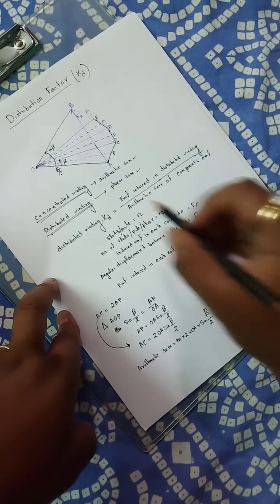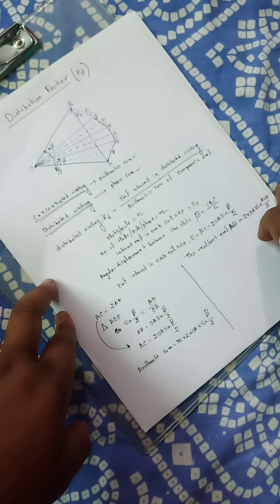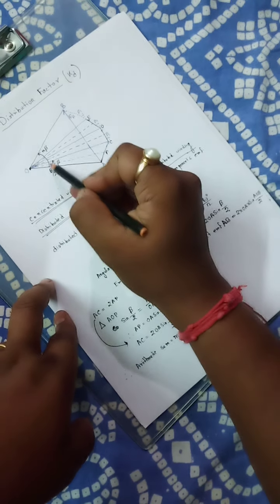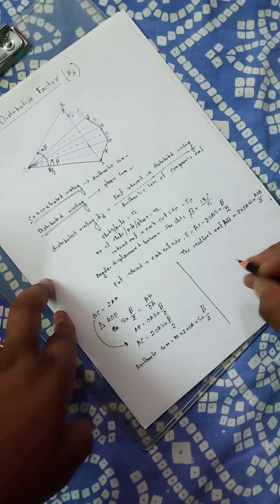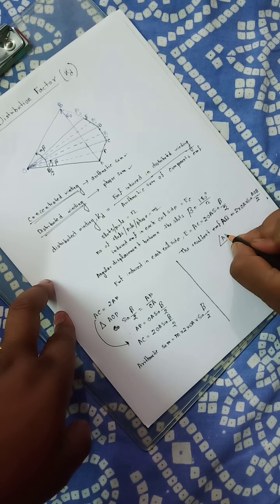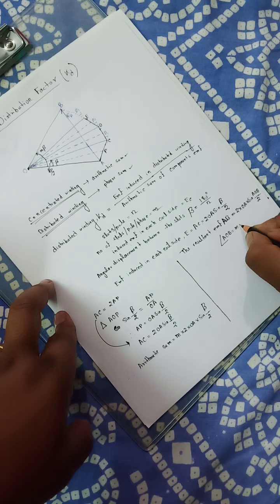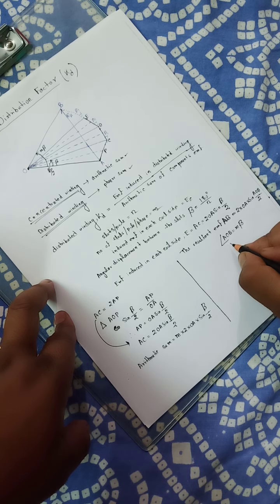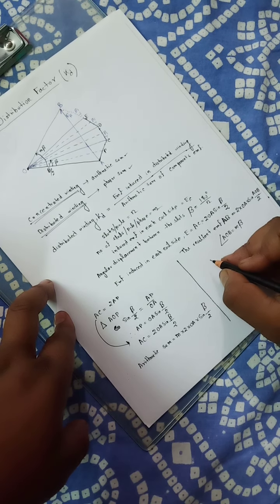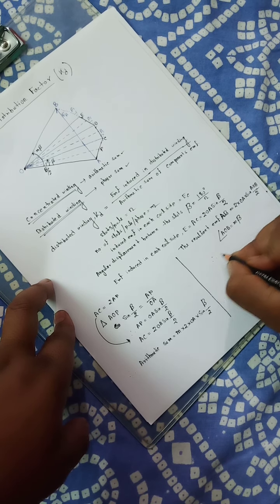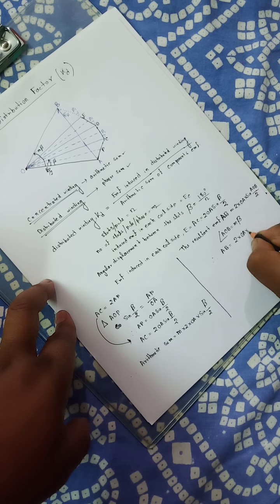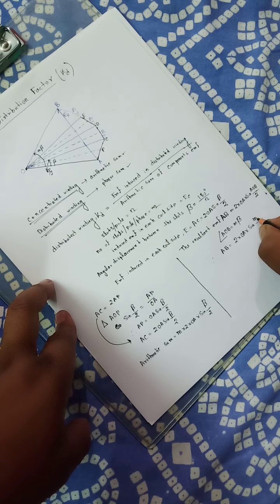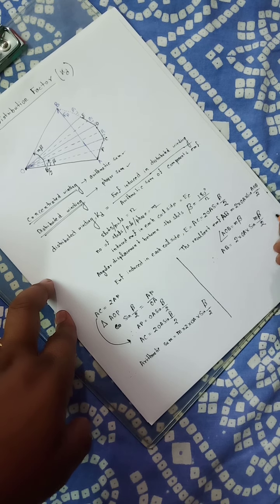This total angle AOB is m beta, so AOB by 2 means m beta by 2. So the expression for AB is 2 into OA into sine m beta by 2, correct?